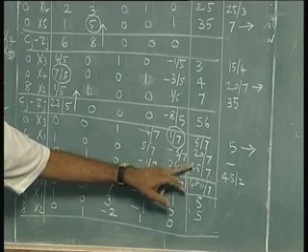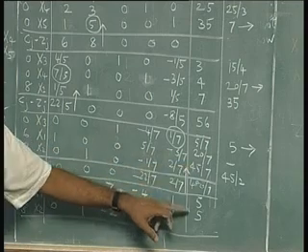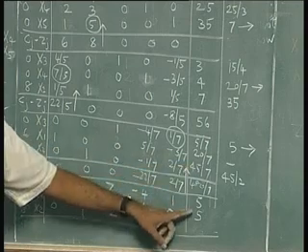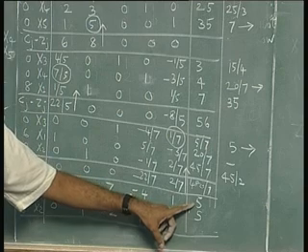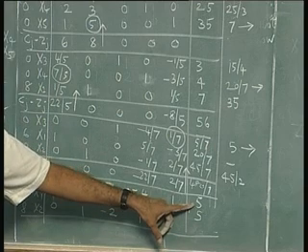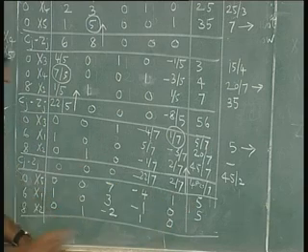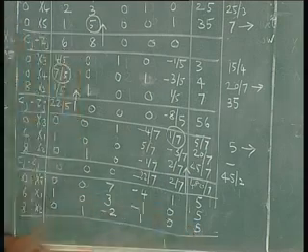Now 45 by 7 minus 2 by 7 into 5, so 45 by 7 minus 10 by 7 which is 35 by 7 which is 5.